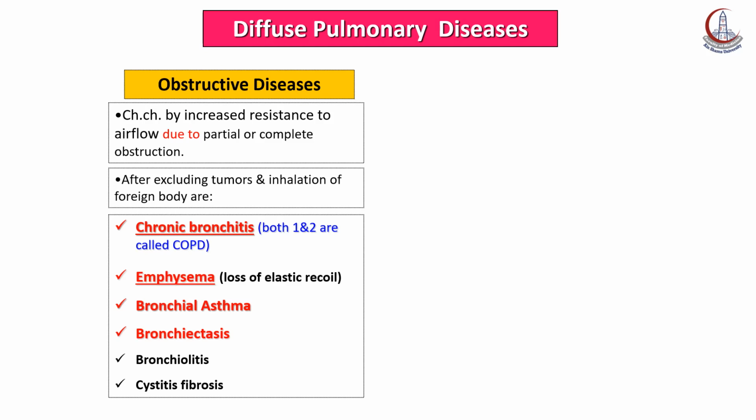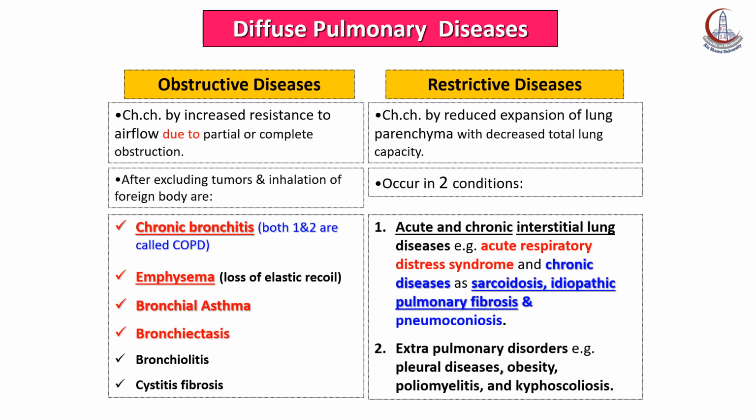Again, diffuse pulmonary diseases include obstructive and restrictive lung diseases. Obstructive lung diseases we studied before, characterized by increased resistance to the airflow due to partial or complete obstruction. After excluding tumor or inhalation of foreign body, they are chronic bronchitis and emphysema.